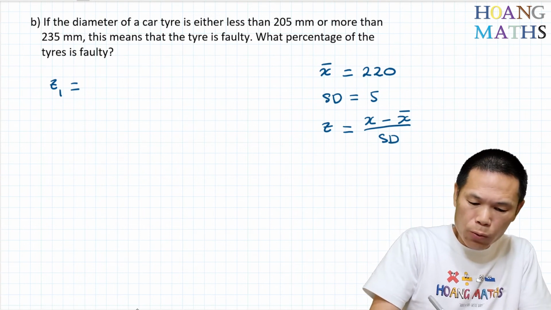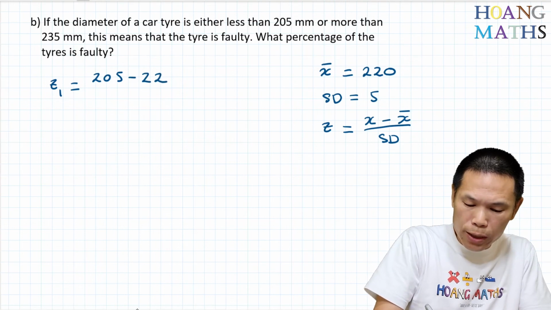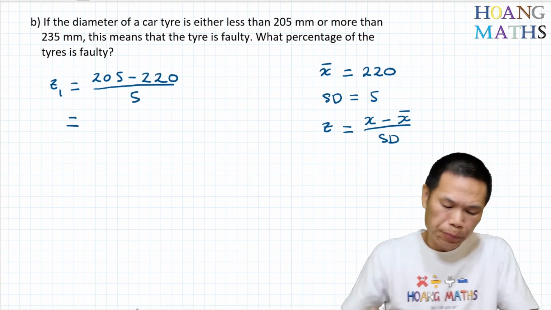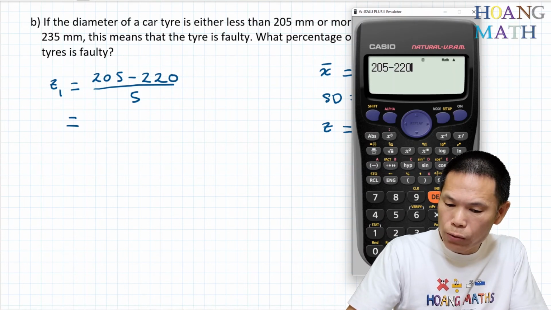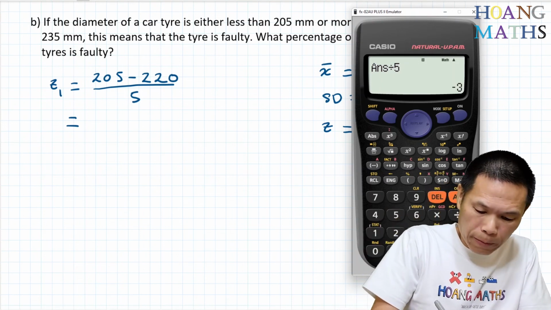So therefore, z1 is equal to 205 minus 220. And we divide by the standard deviations. So that is 5. So that will give me, so I just go 205 minus 220 divided by 5. So that is -3.